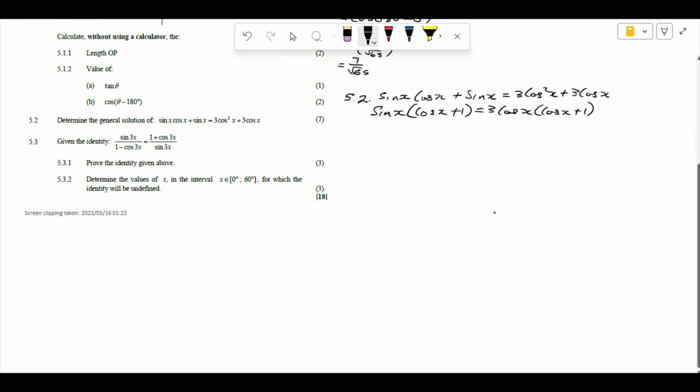So now some of you would be tempted to just divide by cos x plus 1 both sides, and then you'll be left with sine x is equal to 3 cos x. Guys, you are going to lose one of the solutions. Remember, when you are having something like x squared is equal to x, you don't divide both sides by x.